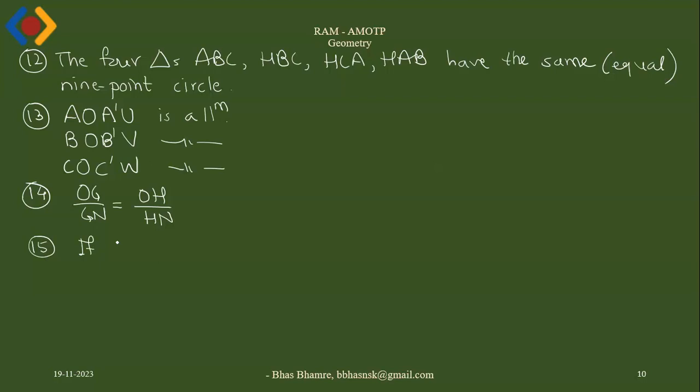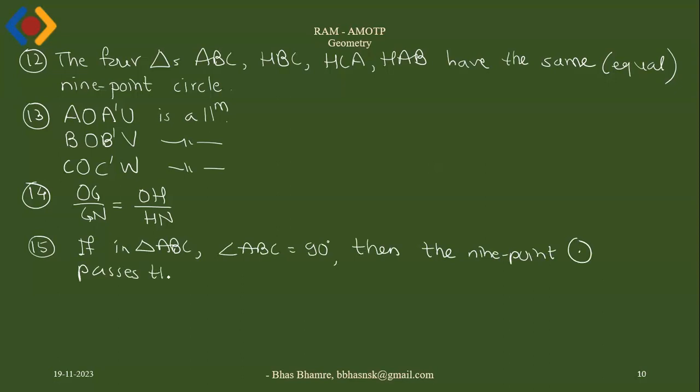If in triangle ABC, angle ABC is 90 degrees, then the 9-point circle passes through A. Okay, that is very simple.